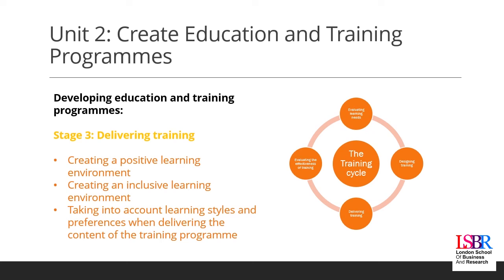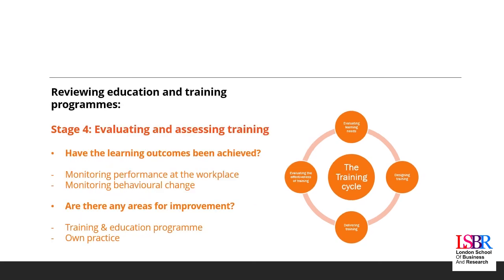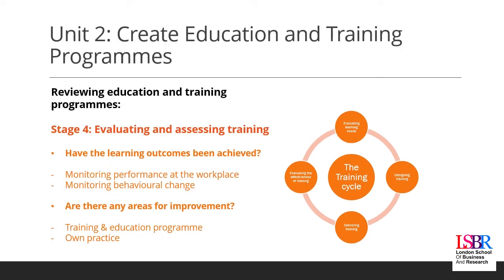Okay, now the fourth stage is about evaluating and assessing training. After you have delivered the training, it is important that you identify whether the learning outcomes have been achieved. So we're going to be talking about some of the practices that organizations and practitioners use in order to measure or assess whether the learning outcomes or objectives have been achieved.